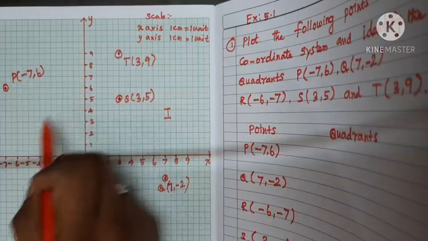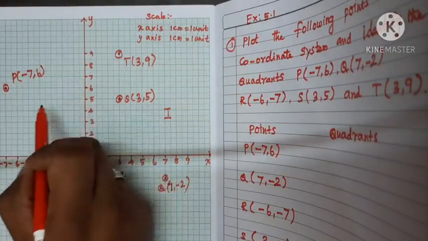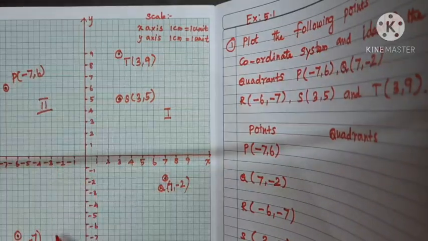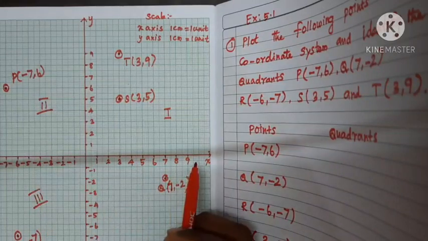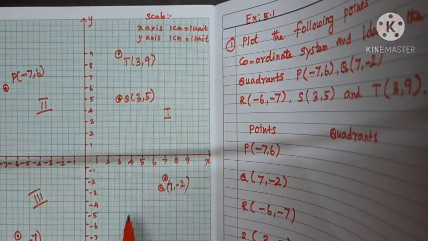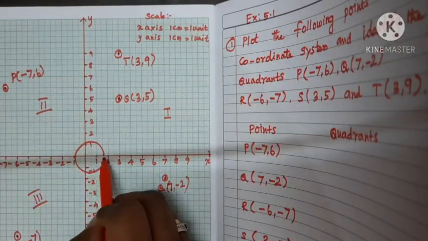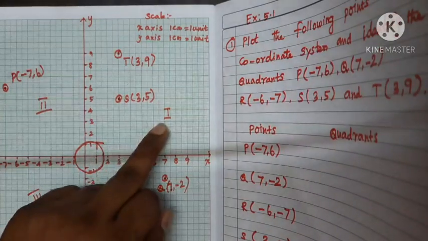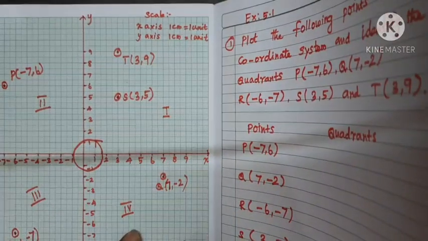Anti-clockwise, x negative and y positive is the second quadrant. Both negative is the third quadrant. And x positive, y negative is the fourth quadrant. This is the anti-clockwise order: first quadrant, second, third, fourth.